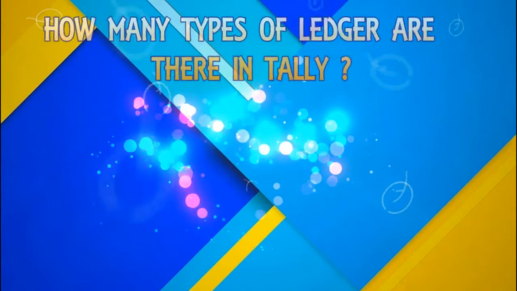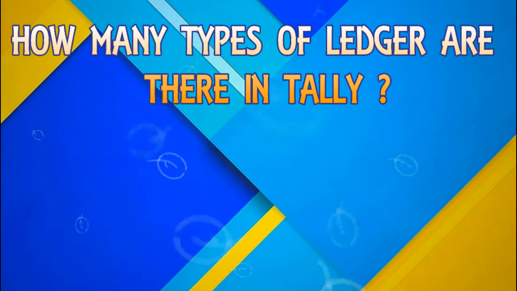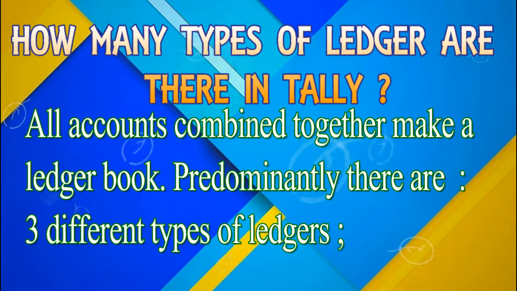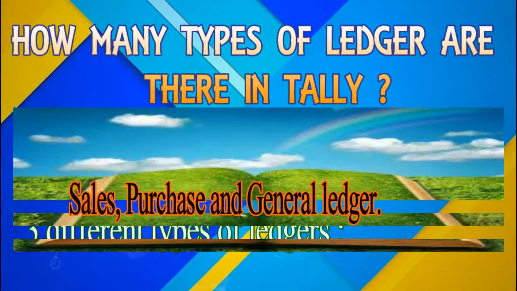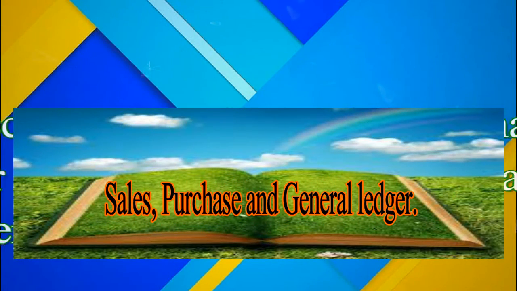Now come to another topic: how many types of ledgers are there in Tally? All accounts combined together make a ledger book. Predominantly there are three different types of ledgers: sales, purchase and general ledger.